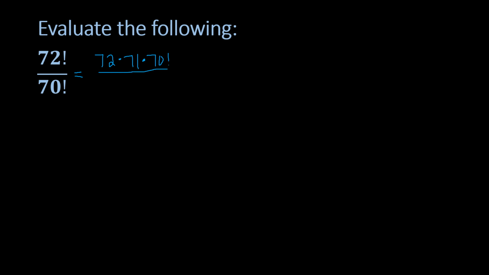So 70 factorial over that 70 factorial on the bottom is going to cancel that out. So now I just need to find 72 times 71. Okay, so I'm typing in my calculator 72 times 71, and we get 5,112.